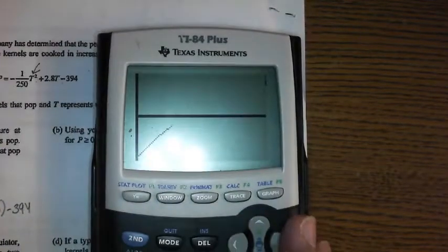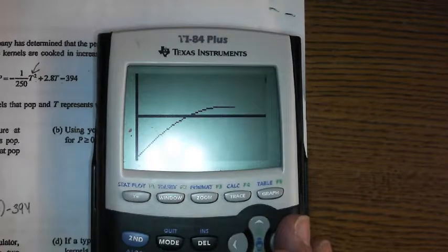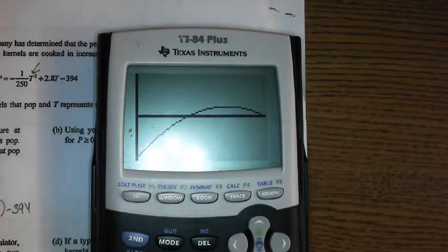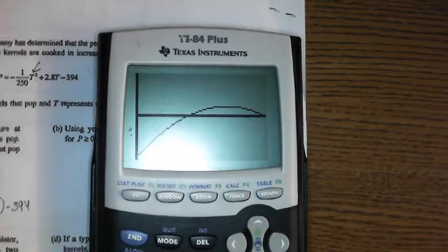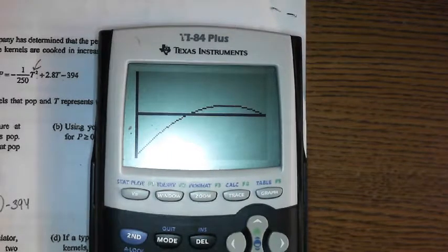Now when I graph it, do I see a parabola that fits this scenario? Absolutely. This part is most important because I'm not going to pop a negative percentage. Does that make sense?